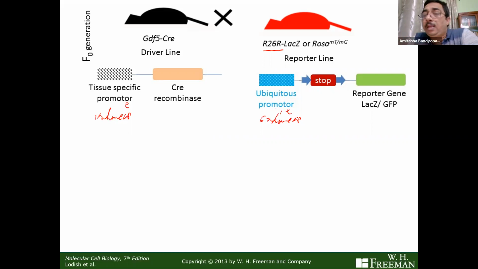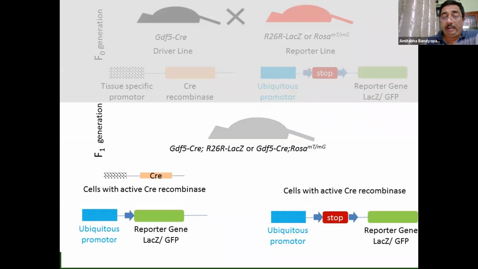You cross it with another mouse that has LacZ or GFP under the control of a ubiquitous promoter enhancer, but there is this transcription stop cassette. You cross the two, and then in these cells the reporter comes directly under the control of this promoter enhancer.